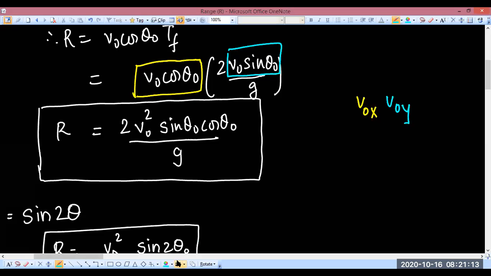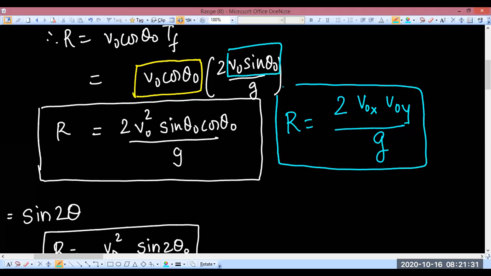So we get a new formula of range, and that is this. Clear, everyone? Range is also equal to 2v0x v0y by g.